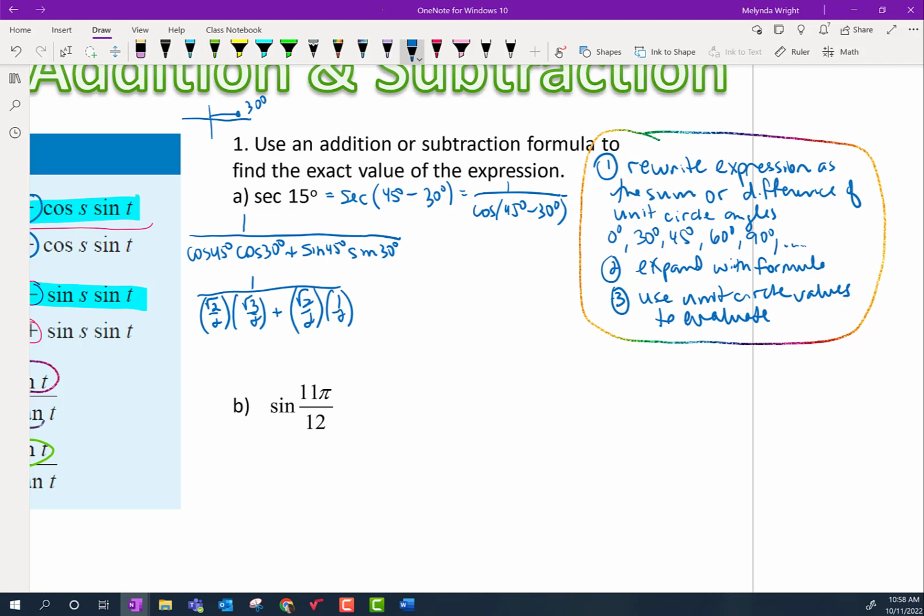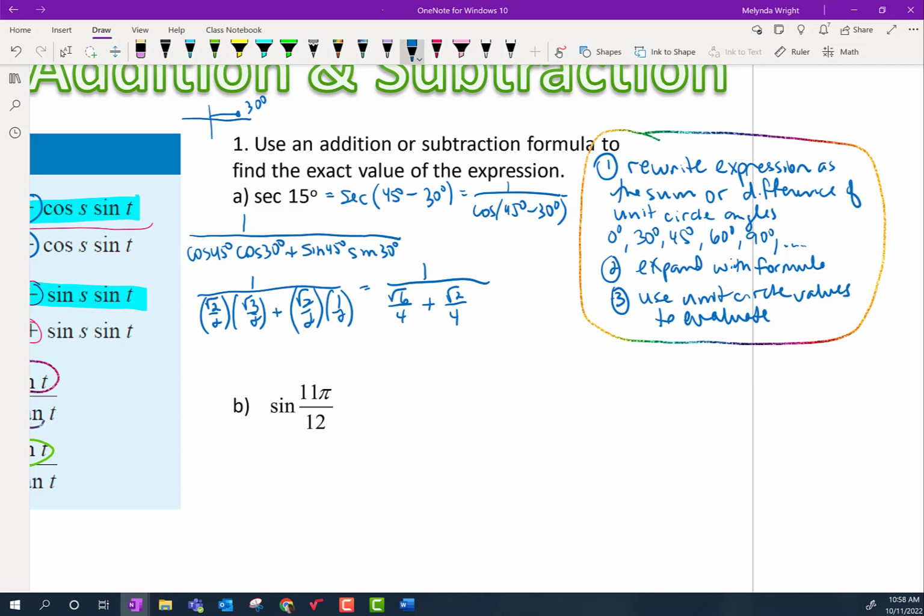So I used my unit circle values to evaluate, and now it's just arithmetic. Now I just need to fix my arithmetic. So here we go. Root 2 times root 3 is root 6, and 2 times 2 is 4, plus root 2 times 1 is just root 2, and 2 times 2 is 4. Okay, so that's a complex fraction. We need to do our complex fraction fixing thing.